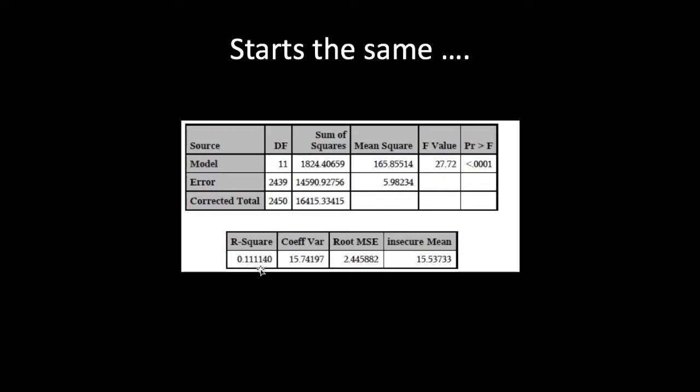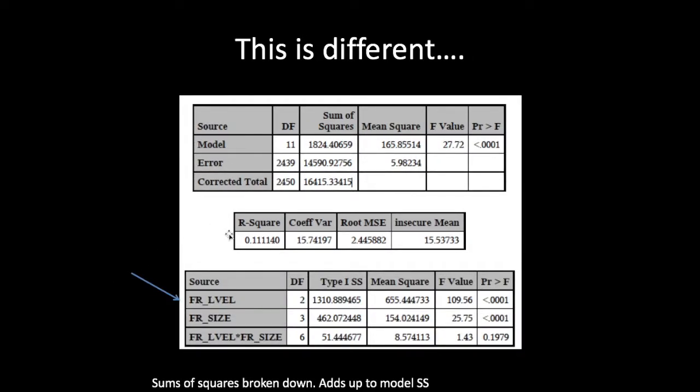11% of the variance in the dependent variable, which happens to be how insecure they were at school, was explained by this model. What was this model anyway? Okay, well, this particular model added on to the one that we talked about last time. So we had, first of all, the level of the school, which is elementary, middle school, or high school.